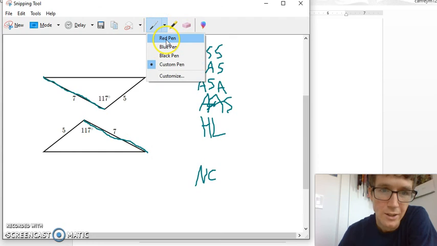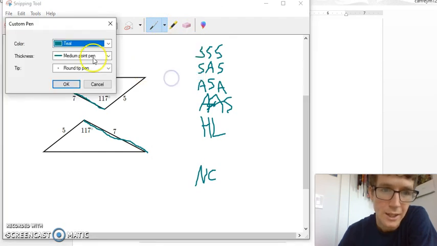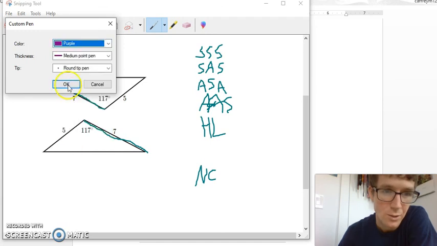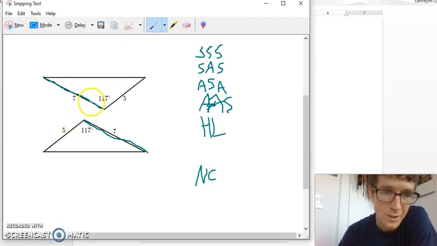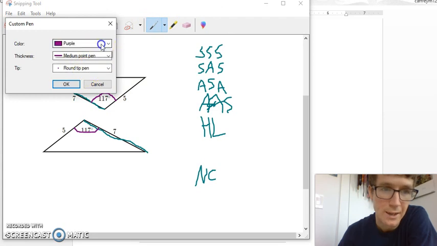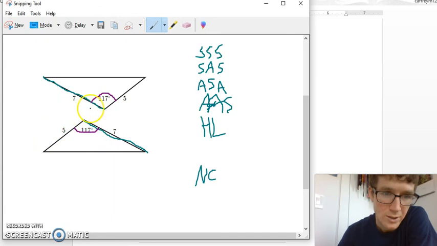Now we also know that these two 117 angles are the same. So this angle is the same as this angle. And we know that the last side, the 5 side, matches the 5 side over here.